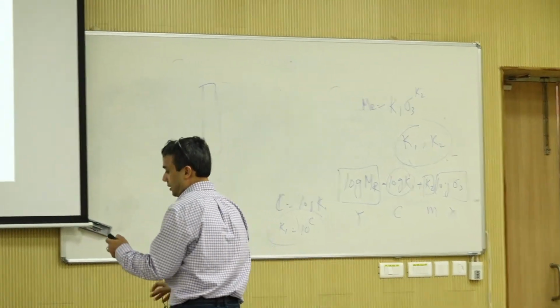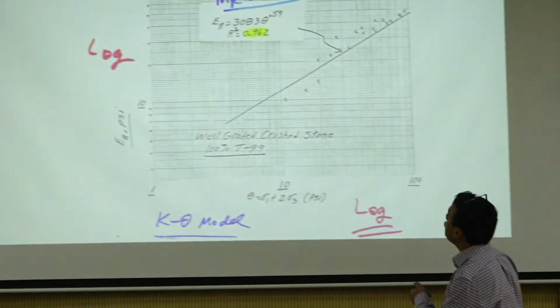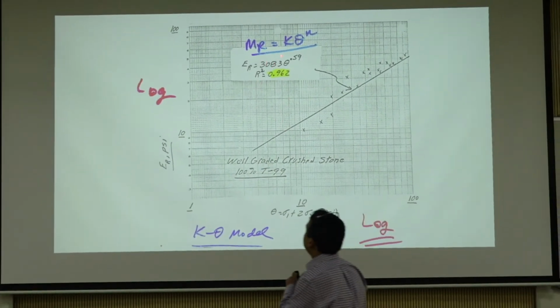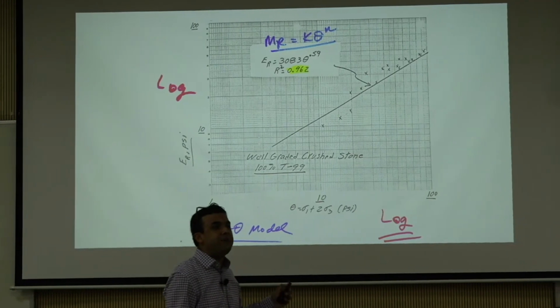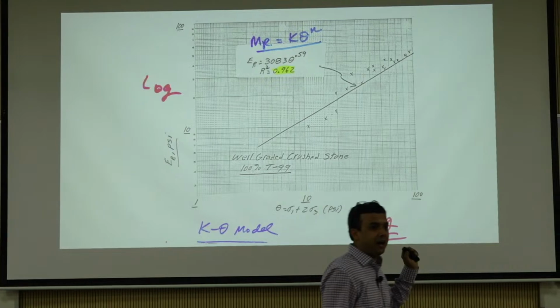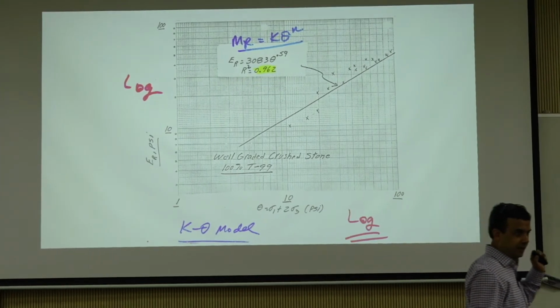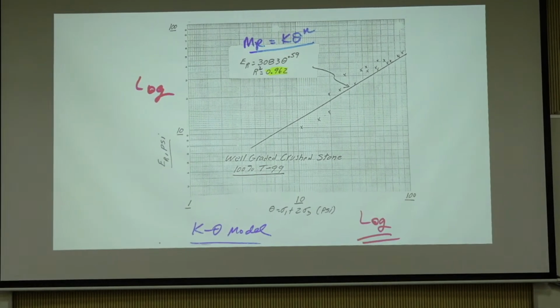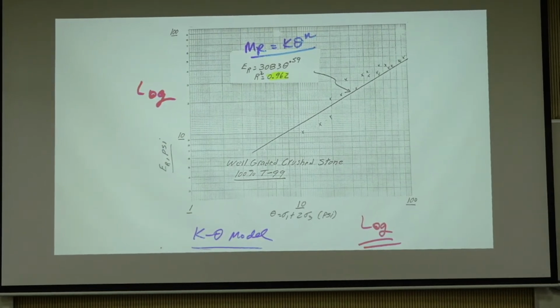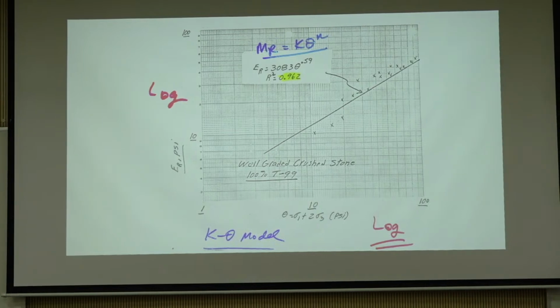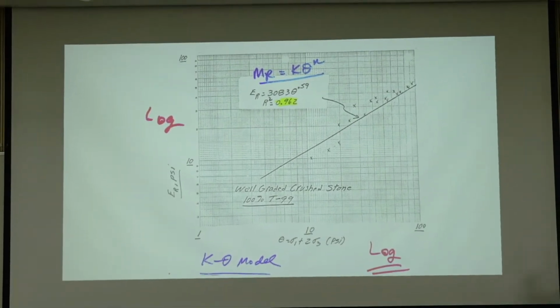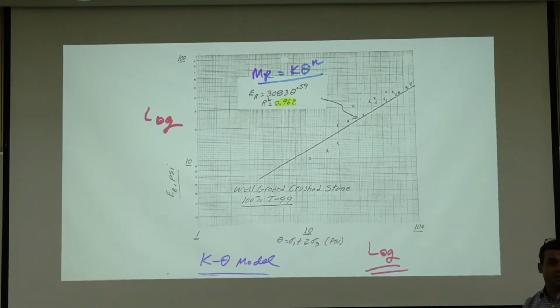The most common one is the Hicks and Moniz-Smith model that you will come across all the time. It's called the K theta model. Theta, as I have already explained to you, is bulk stress: sigma 1 plus sigma 2 plus sigma 3.